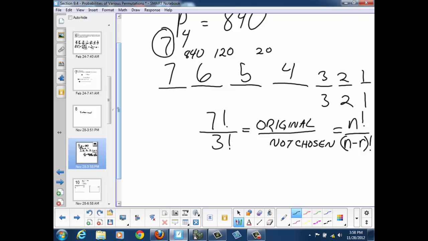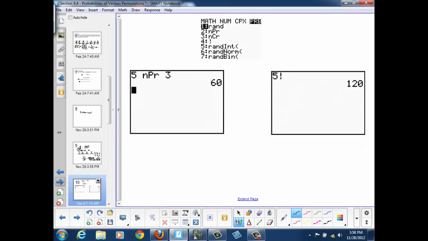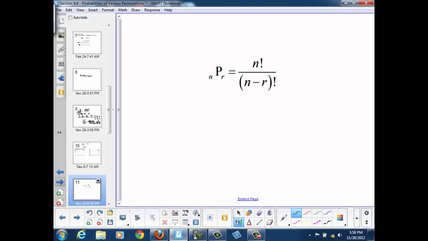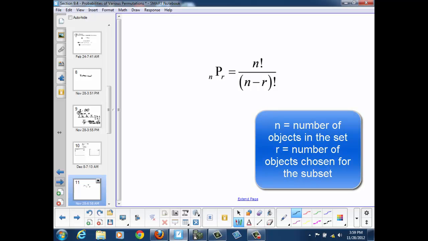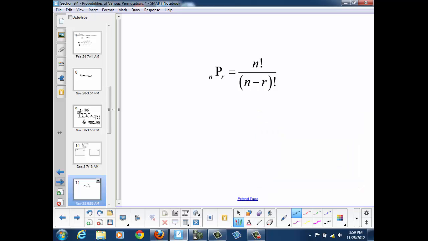So the algebraic calculation for a permutation of a selected subset from a larger set is this formula here. n factorial, which is the number of items in the set, divided by n minus r factorial, the number of items that weren't chosen to be included in the permutation.